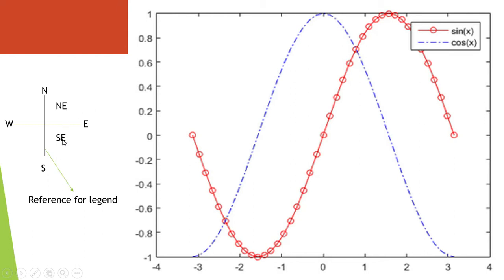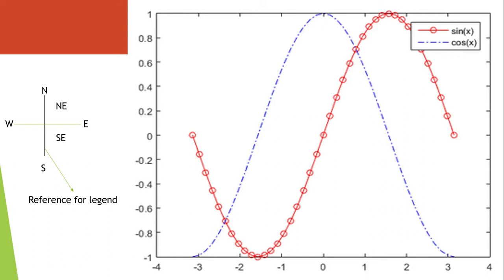Similarly, if we want to mark the position here, we use southeast. Similarly, if we want to mark it here and here or in the middle direction, we mark it according to this direction, and this mark is given by the command.